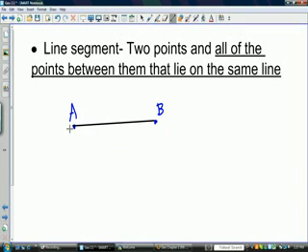Those are all the points between A and B. Now there's two ways we can name this line segment. We can say this is AB. Now we're not going to want to put arrows on the end because they don't go forever to the right and forever to the left. So we'll just have AB with a segment on top. And here we'll have BA with a segment on top.